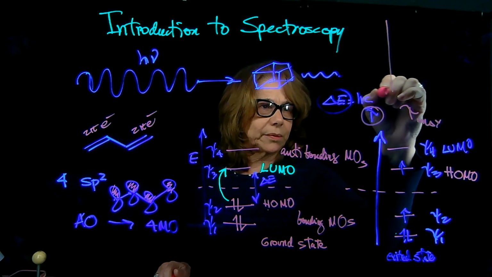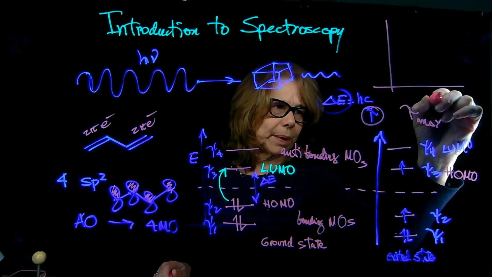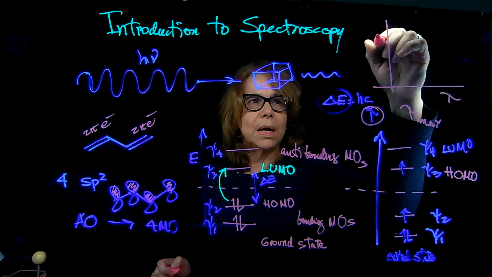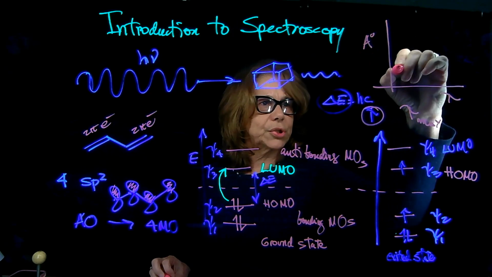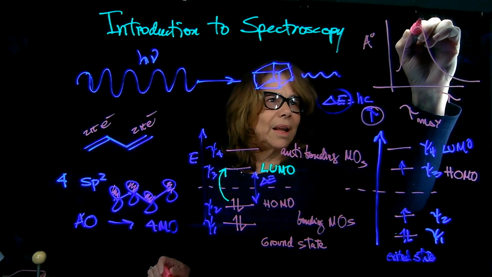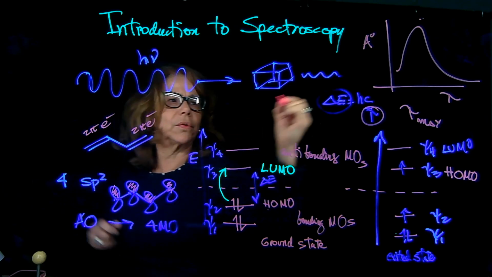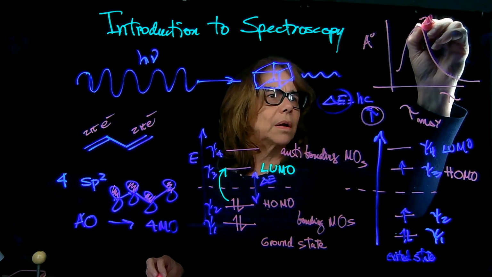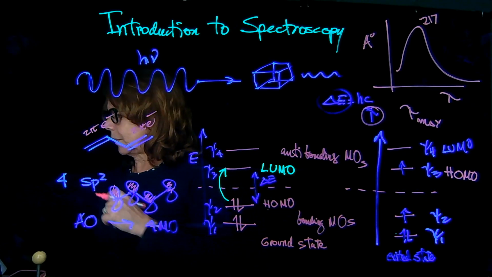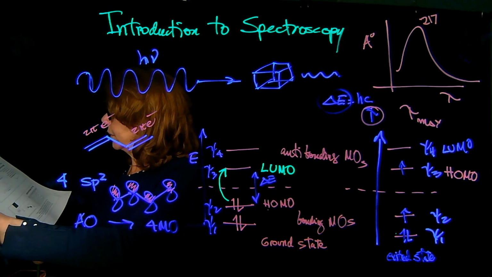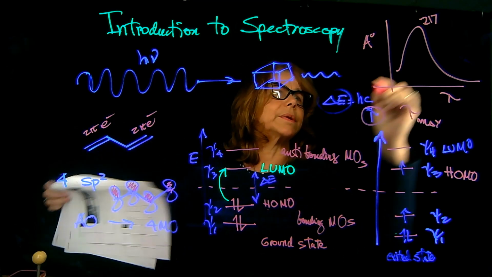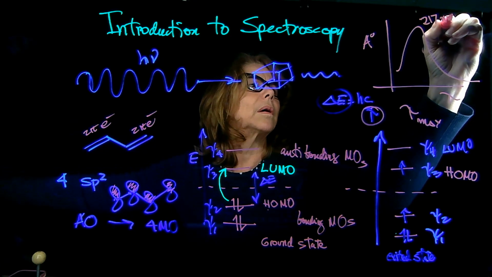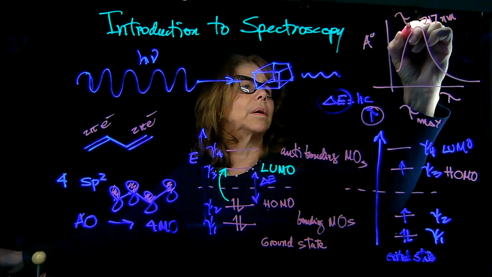So the UV visible spectrum of butadiene would look something like this, absorption, something like that. And this, I think, is 217, the absorption of that. So this is in nanometers. And we call that lambda max.